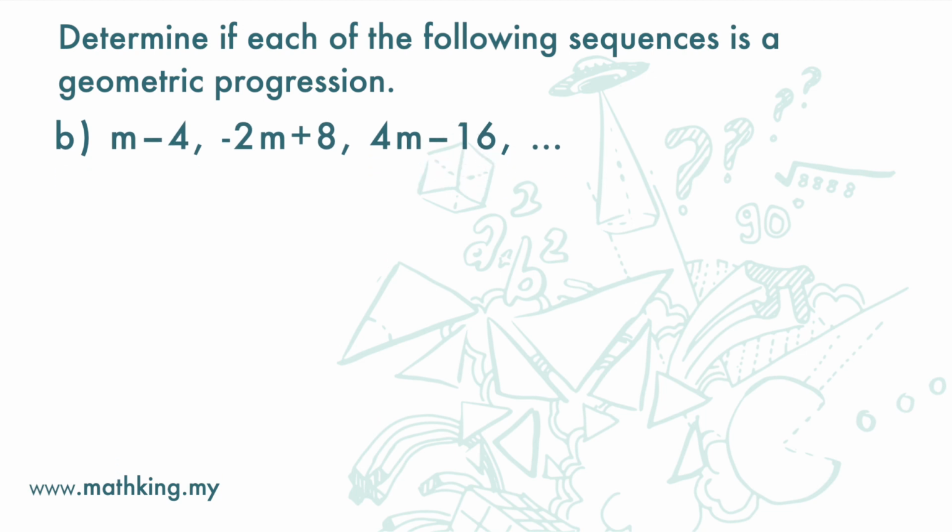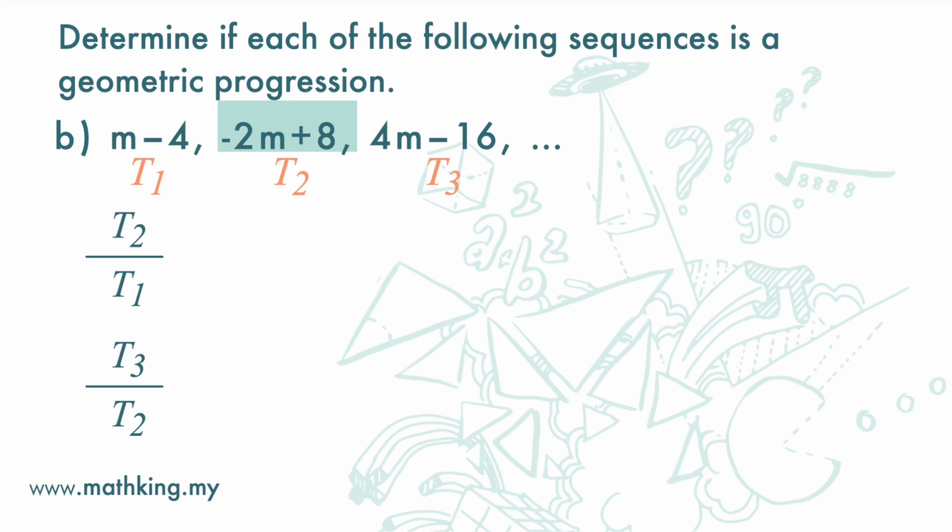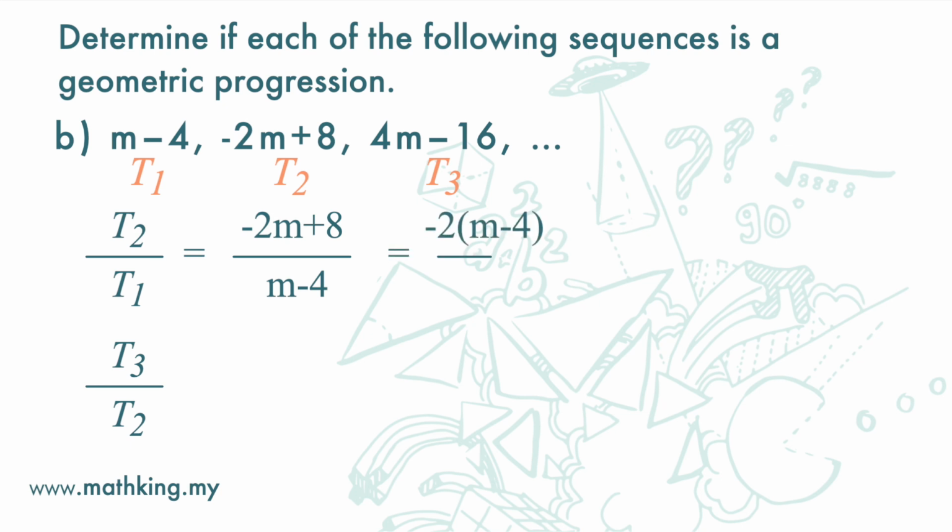We do the same for the second one. T2 over T1 is -2m plus 8 over m minus 4. We factor out -2, simplify, and we get -2.